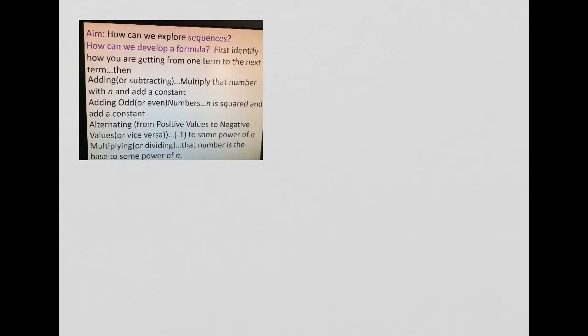So, with that being said, there are more than just the 2 or 3 sequences that you learned from previous courses. There are many different types of sequences.